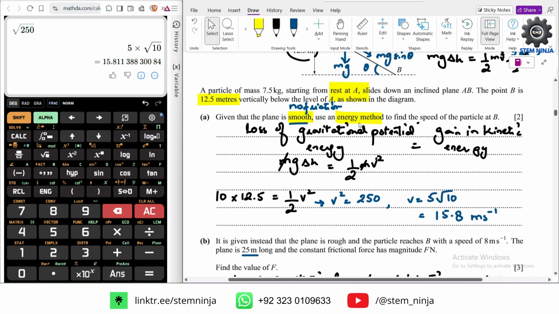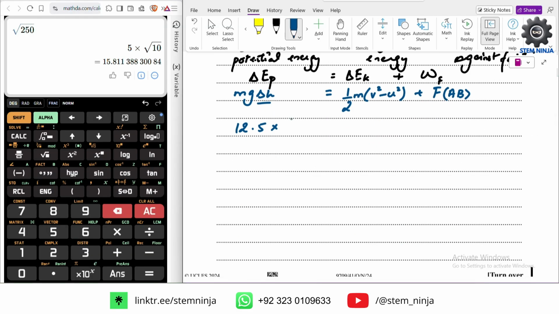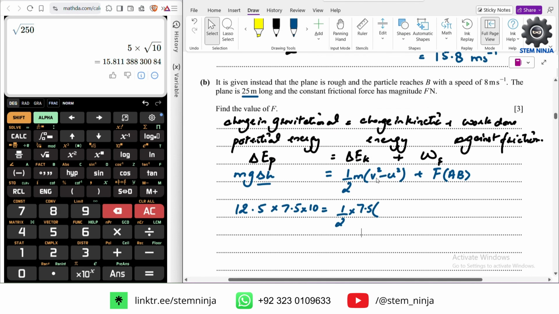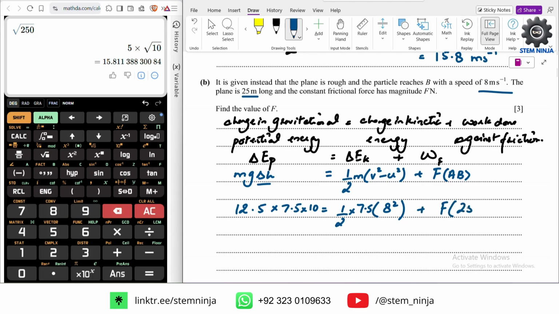Now we will need the mass also, 7.5, times 10 equals half times 7.5, and now v squared, they gave us v as 8 meters per second, plus force, or friction, times 25.